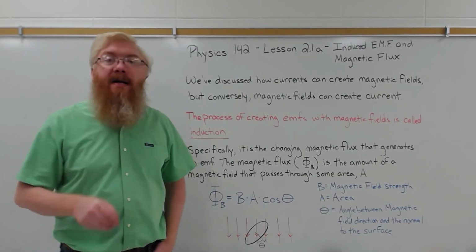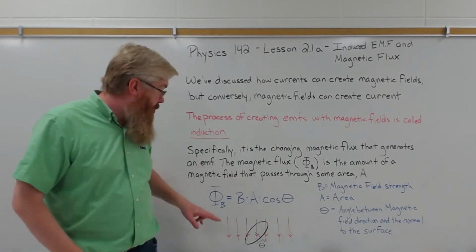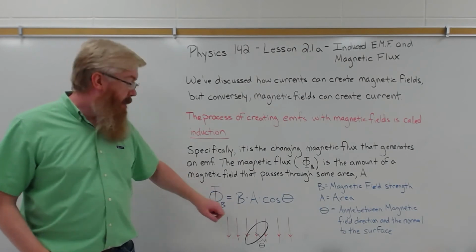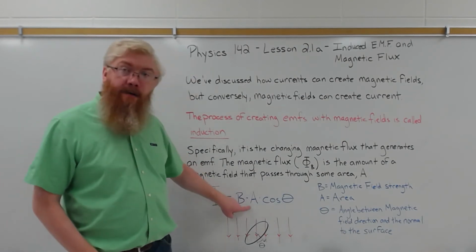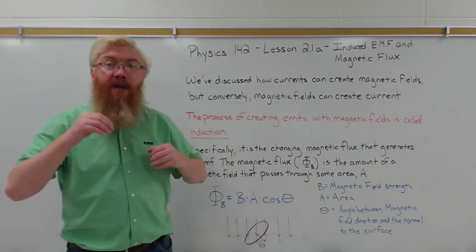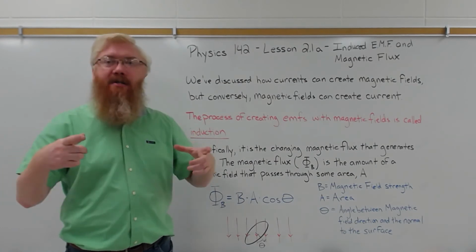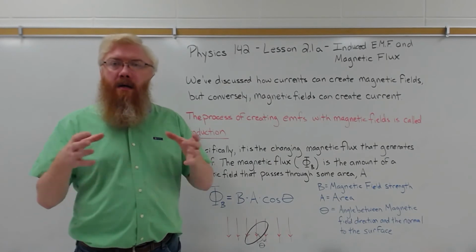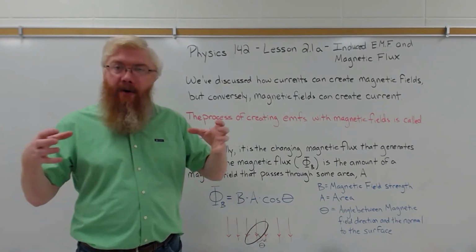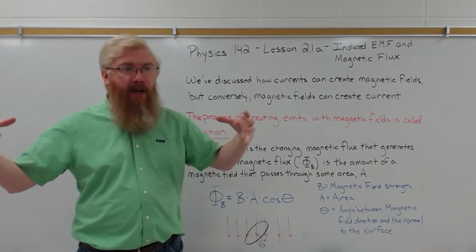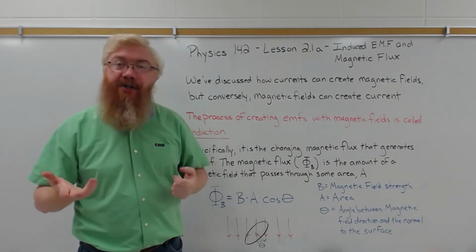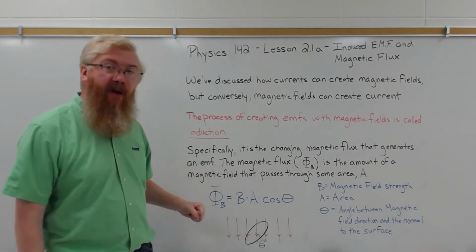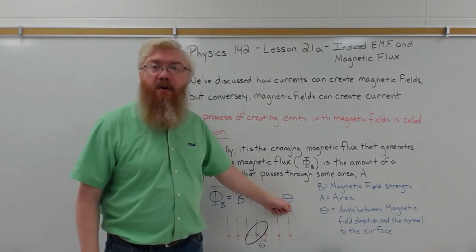So the three ways of changing the magnetic flux: change the strength of the magnetic field, change the area of the loop that you're looking at. So it's a loop of wire. Let's imagine it's made of a flexible, almost slinky-like wire that can shrink and expand. Well, then if you have a loop of wire that shrinks, you're changing the area, which changes the flux. Or you can rotate the loop.